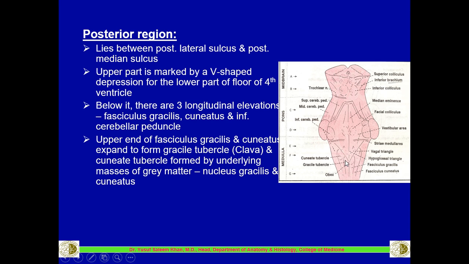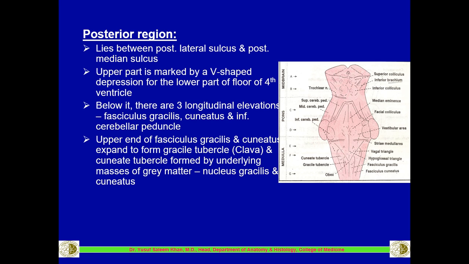The nucleus gracilis and the nucleus cuneatus are formed by the underlying gray mass, that is, the nerve nuclei themselves will be present in these regions. So here the first order neuron ends, and the second order neuron begins here. So the nerve nuclei will be present in the gracile tubercle as well as the cuneate tubercle.